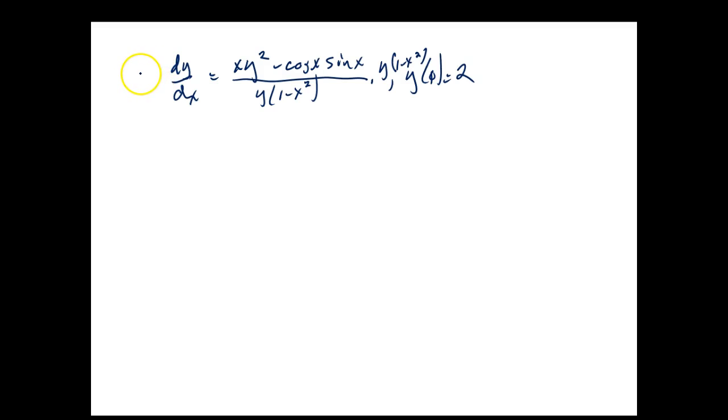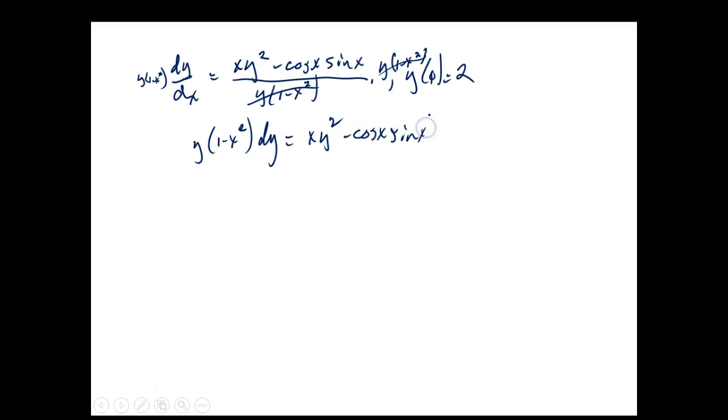So this goes out here, and we'll write that in differential form, which gives us y times (1 minus x squared) dy equals (xy squared minus cosine x sine x) dx.